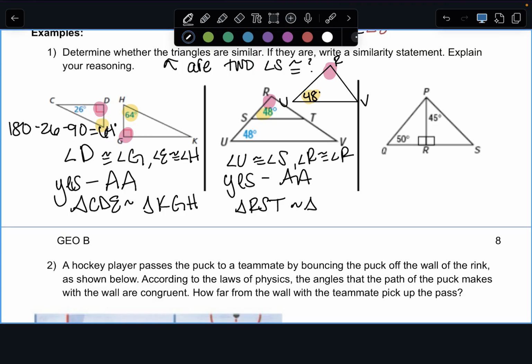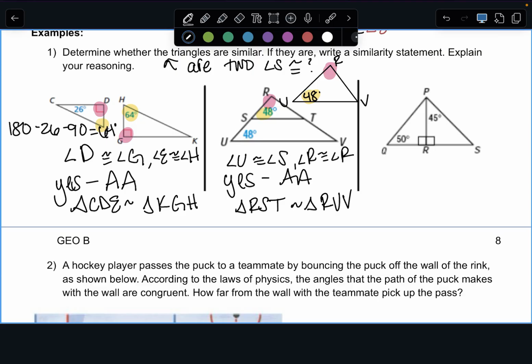Yeah, R. Okay, S was yellow, that went with U. And then T and V were both left blank. So R-U-V. Questions on that one? We found two angles that were the same, so our triangles are similar.